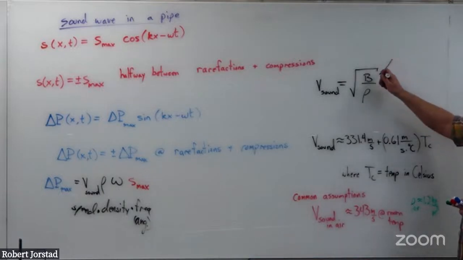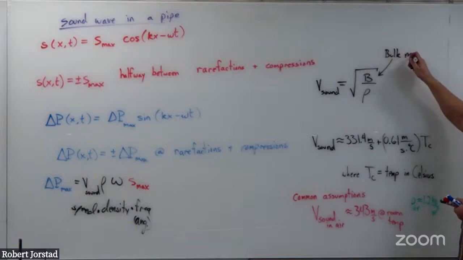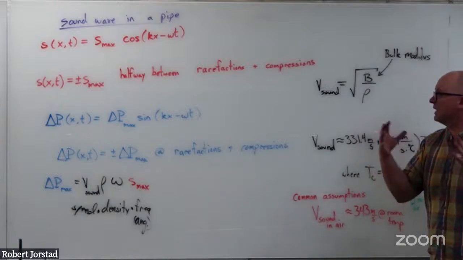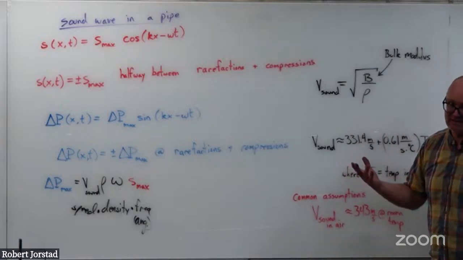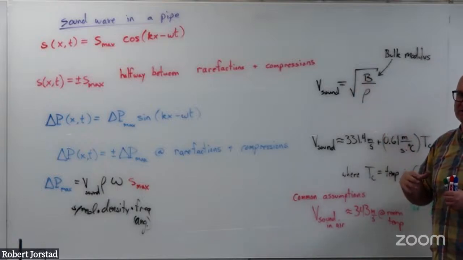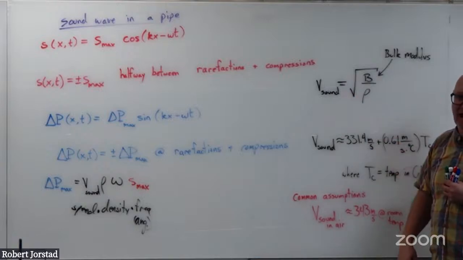A little bit of bells and whistles before we leave this topic. This term right here is called the bulk modulus. If you recall from chapter 12 in Physics 161 or your intro physics class, the bulk modulus describes how compressible a material is. If a material has a large bulk modulus, if it's hard to compress, like steel, you might get a higher speed.